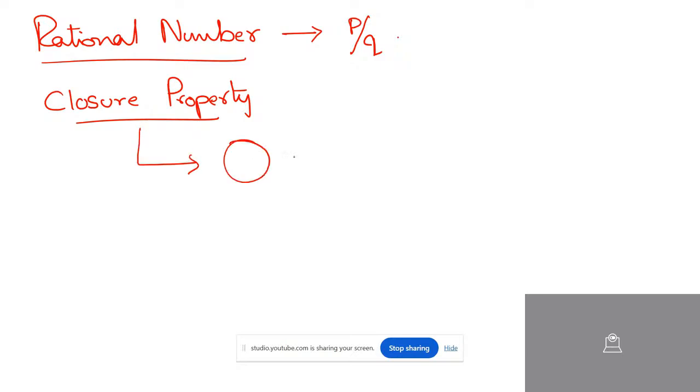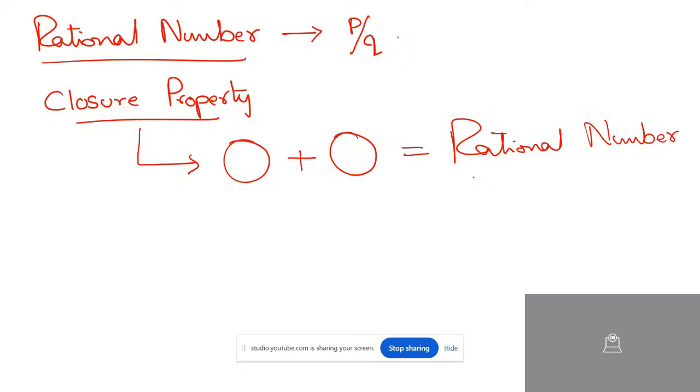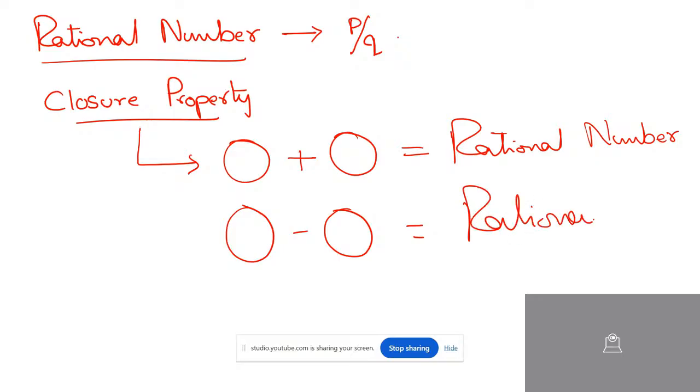that if you add two rational numbers, the result should also be a rational number. When you subtract two rational numbers, the result should be a rational number.